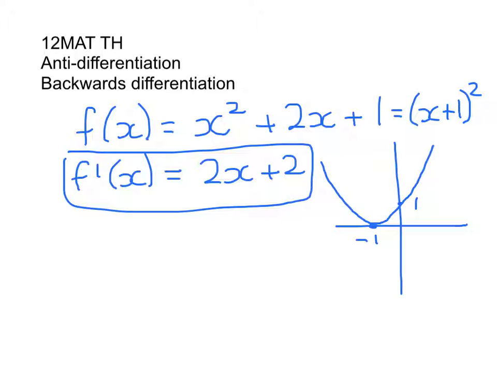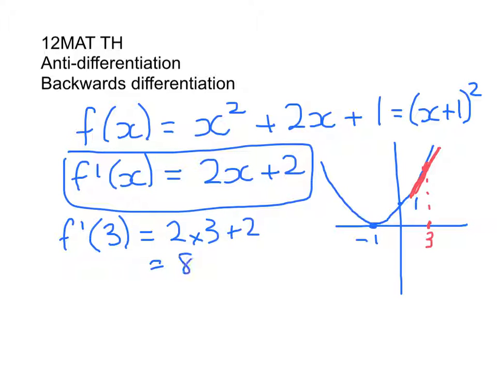Suppose that we wanted to find the gradient at x equals 3. What I'm looking for is the slope of the tangent to the curve when x is 3. I can find that by substituting in the value 3 here, and it would give me 2 times 3 plus 2, and that equals 8.